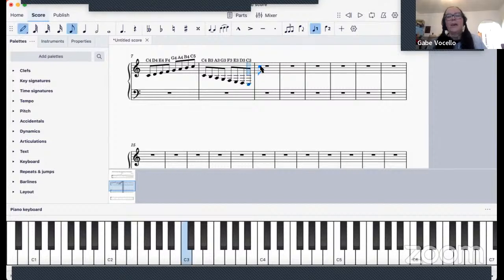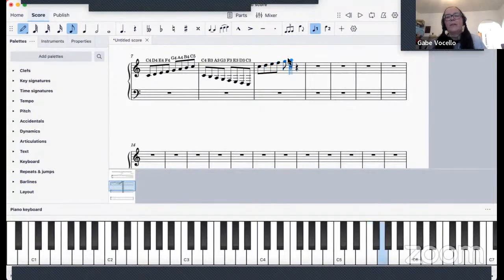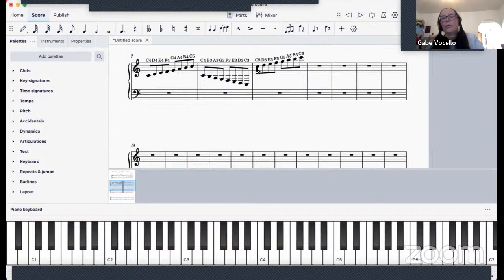So C5, D5, E5, F5, G5, A5, B5, and C6. Okay, so look here on this keyboard.